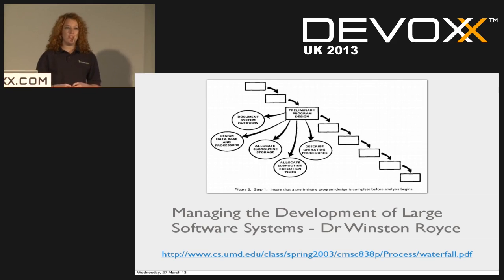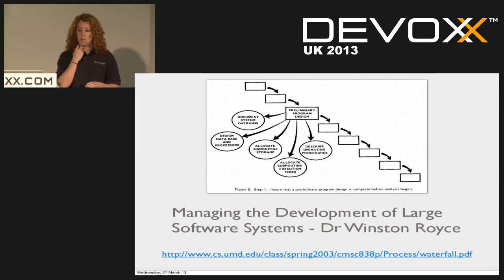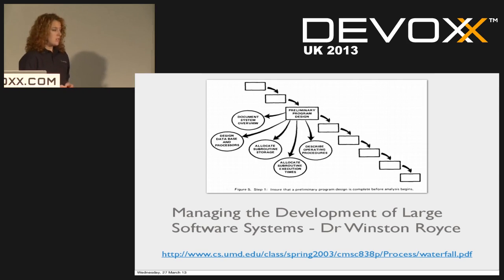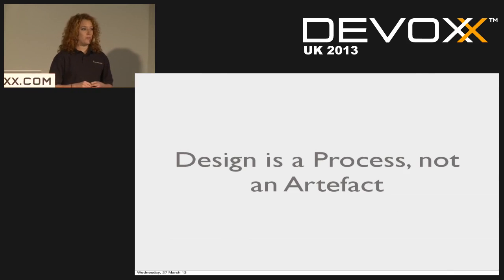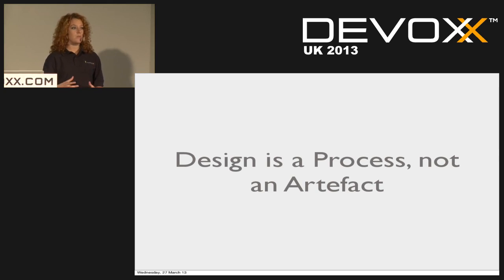But it's not really what we do on a day-to-day basis as developers. In fact, if we're working in an agile way, we've probably thrown away a lot of the stuff that we thought we were going to do in terms of design. So I don't think design is a document. Design is a process that you go through. Design is the process that we all do when we're developing code.